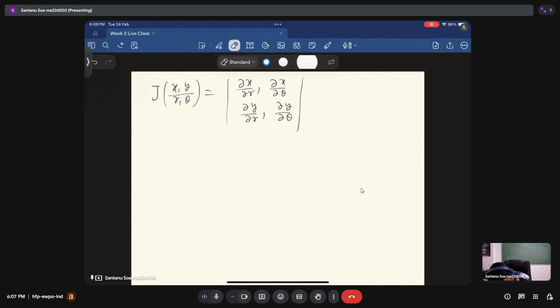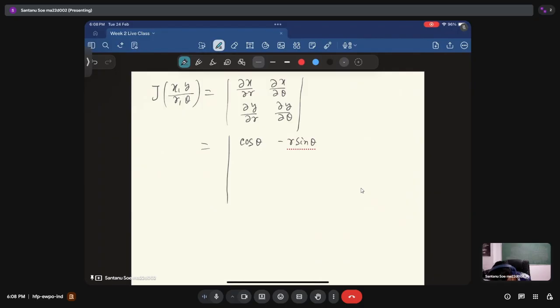So now since x equals r cos theta, del x del r will be simply cos theta, and del x del theta will be minus r sin theta.